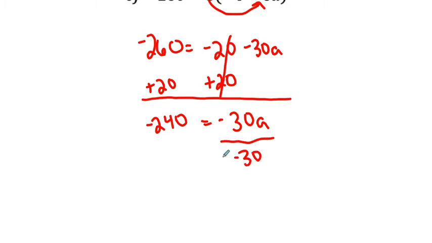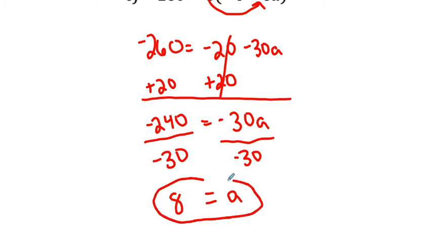So we're going to divide by negative 30. And again, we got to do that on both sides. Negative 30 divided by negative 30 is 1, so we have 1a. Negative 240 divided by negative 30 gives you 8. So there is your final answer for this problem.